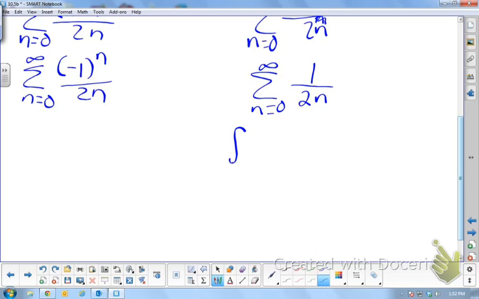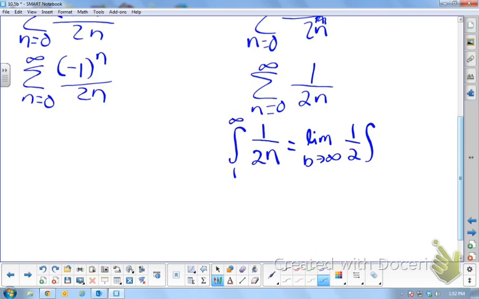the integral from 1 to infinity of 1 over 2n, we have to put the limit out front, limit as b approaches infinity. I'm going to pull out the 1/2. And then what's our integral of 1 over n? It's negative n to negative.